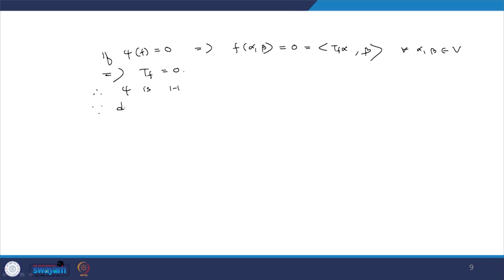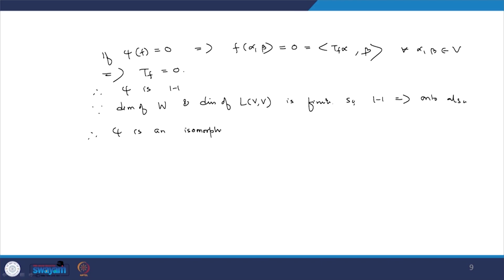Since psi is defined over two finite dimensional vector spaces, since dimension of W and dimension of L(V,V) are finite, one-one implies onto also. So, psi is an isomorphism between W and L(V,V).